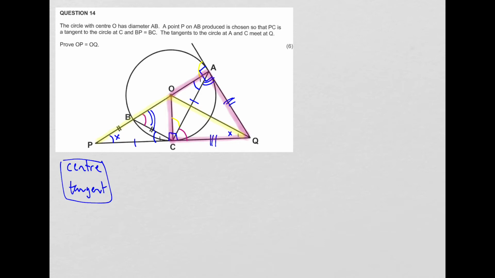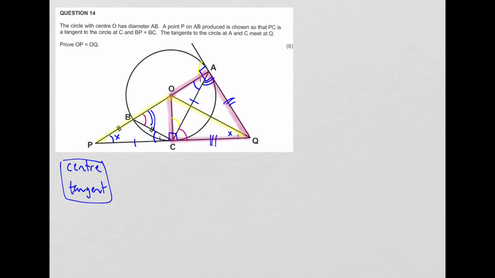Whenever they ask you to prove two lines are equal, you always have to look at the angles opposite those two lines and prove that they are equal, because then you've proved an isosceles triangle. Okay, so now we've got to make the link. How do we make those lines equal each other? And as I told you in the voice note, the key is in the new information that you bring out.